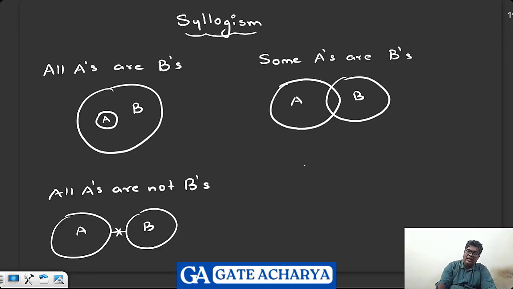And the last negative statement is some A's are not B's. How to draw this?